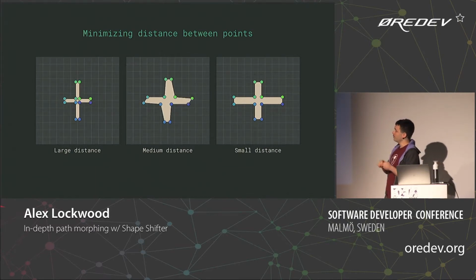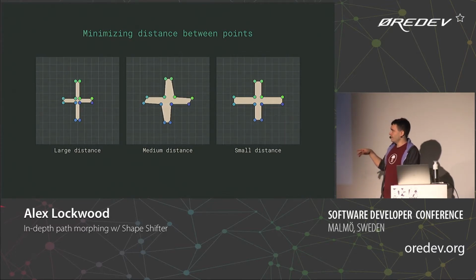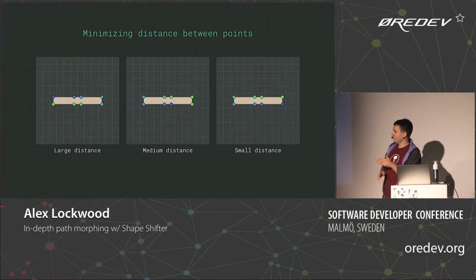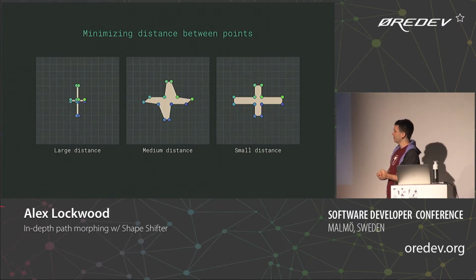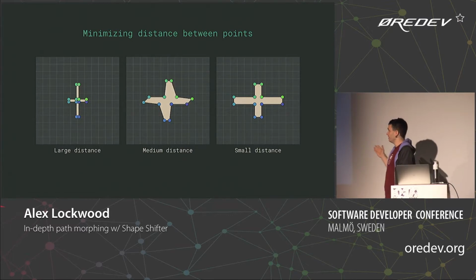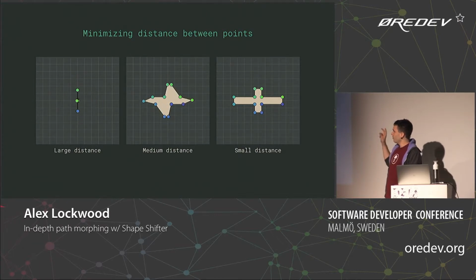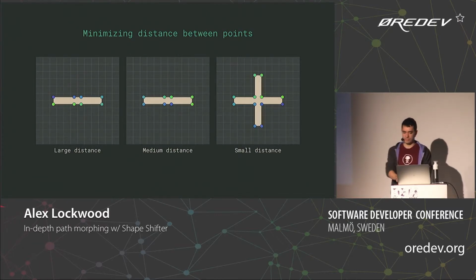You can see the differences between morphs where you're animating points from varying distances, and obviously in this case the example on the right looks a lot nicer. There are just 4 points that stay exactly where they should be, and you're only animating those 4 top and bottom points to the new location.